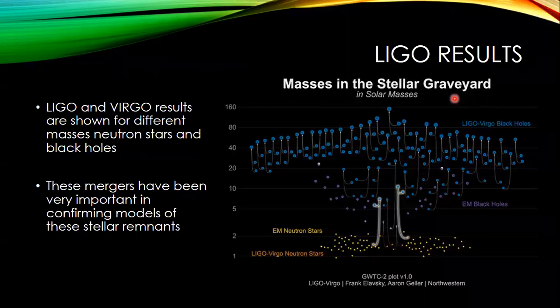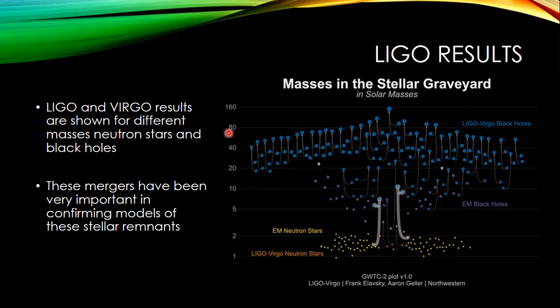Now, LIGO, having two observatories, can get a rough idea of the position of the event in the sky. But the reason why we also want to have two observatories is we can rule out other types of events, such as a seismic event or some other type of event, such as local traffic, in order to determine that this was truly an event that took place off in the heavens.